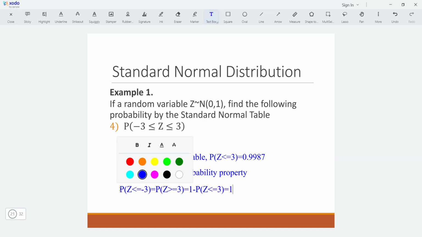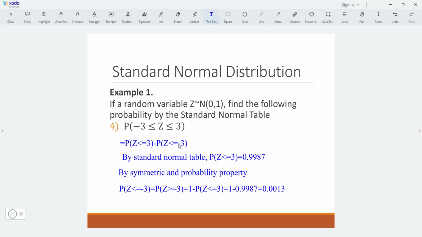Then this equals 1 minus 0.9987. In other words, if you use your calculator, you'll find this equals 0.0013. So this is our probability for the random variable Z smaller or equal to -3.